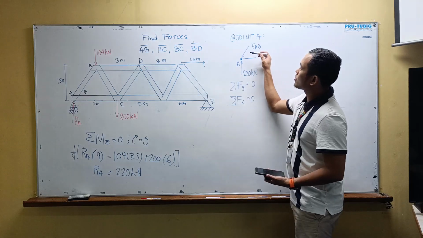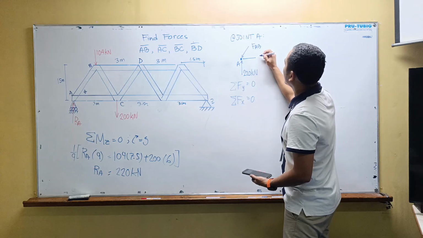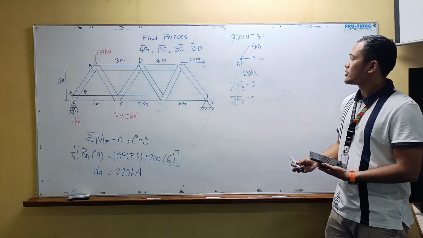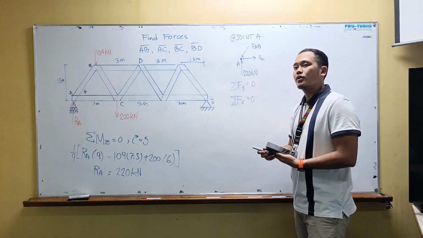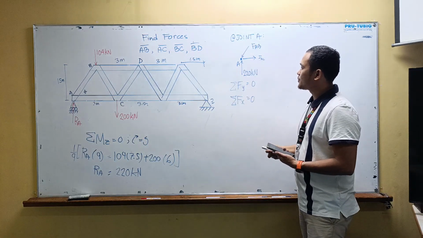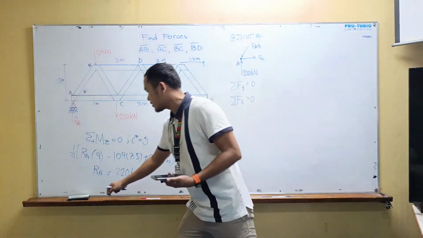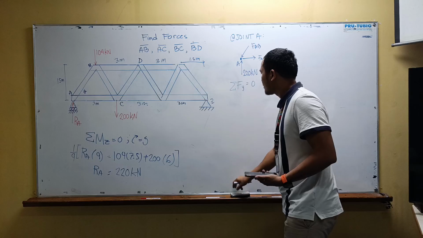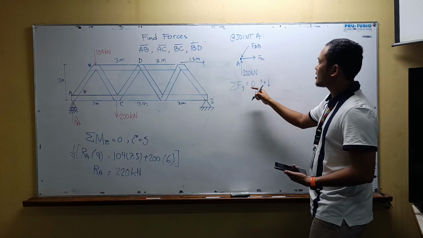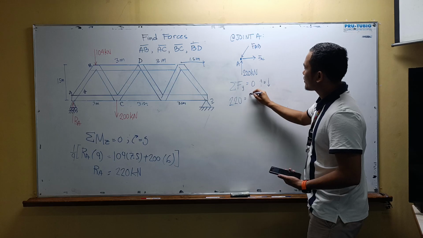And since it's also going to the left, your AC must be going to the right, so as to make these two conditions valid. So how do you make your equation for this one? I'll just take this for example. Forces going up is equal to forces going down. So it's 220 equal to force going down.